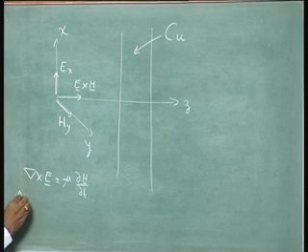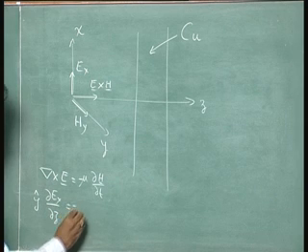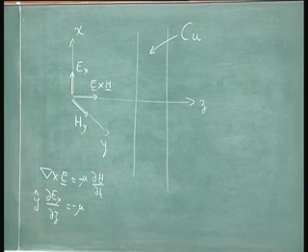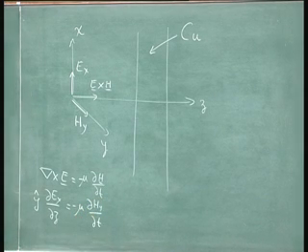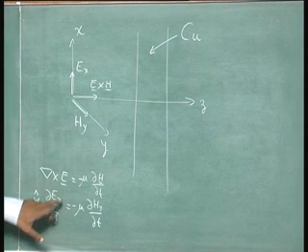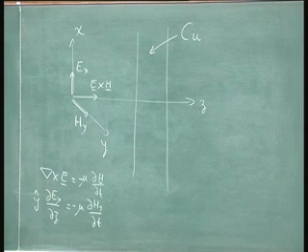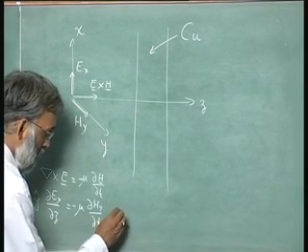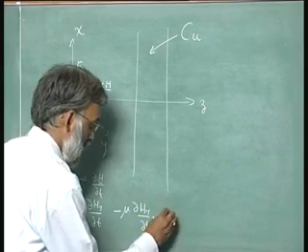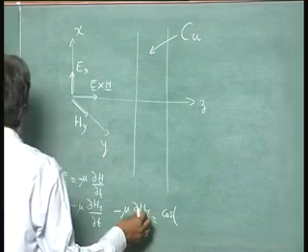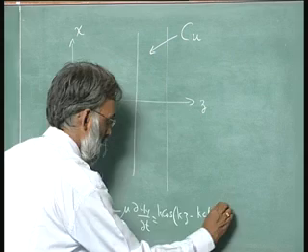So, it is y hat del Ex del z is equal to minus mu del H del t. If you take del Ex del z, that will take the sine and make it a cosine. So, you get that minus mu del Hy del t is equal to k times the cosine of kz minus kct plus delta.